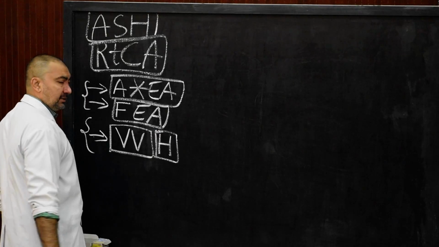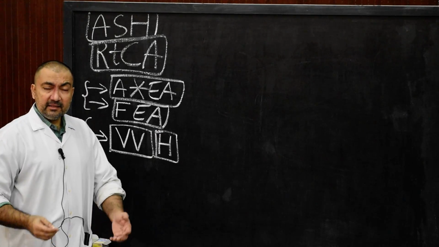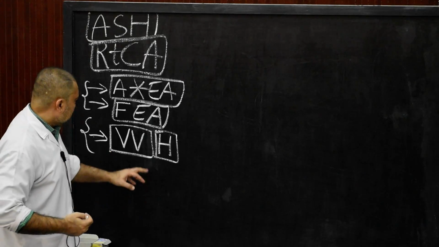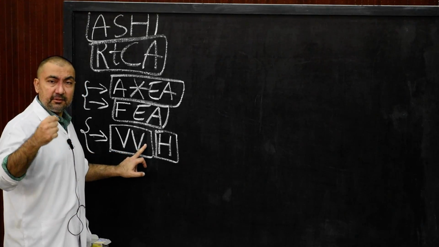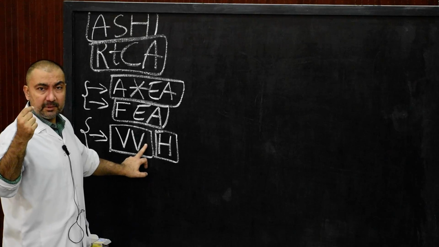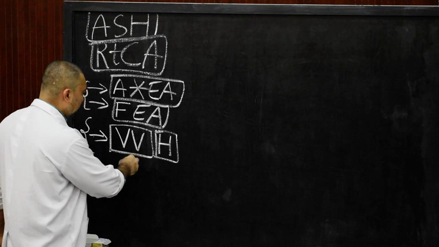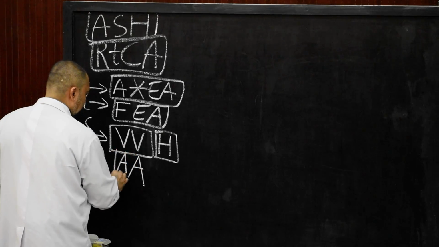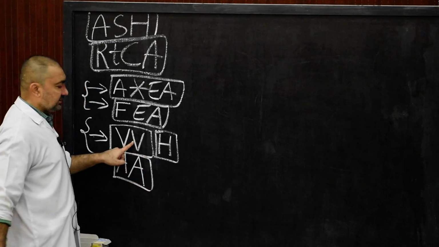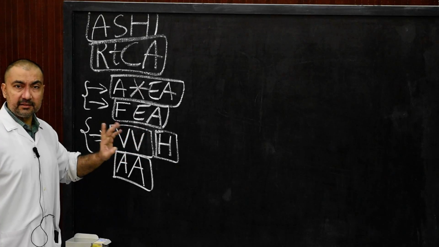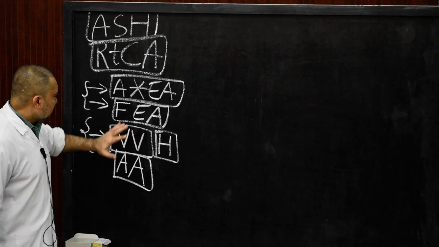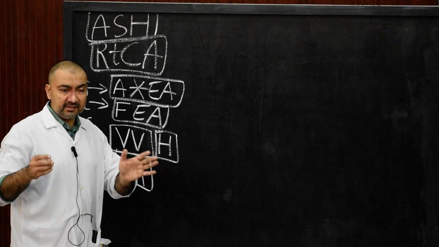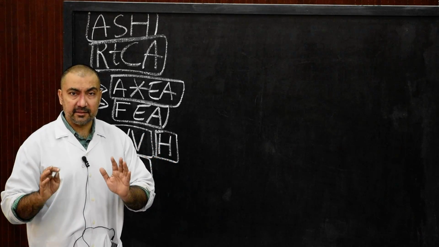Because they are the main branches of the ascending part of the aorta. So therefore, the ascending part of the aorta will have vasa vasorum as coronary arteries. So these are the 2 points which you need to mention before describing right and left coronary arteries.